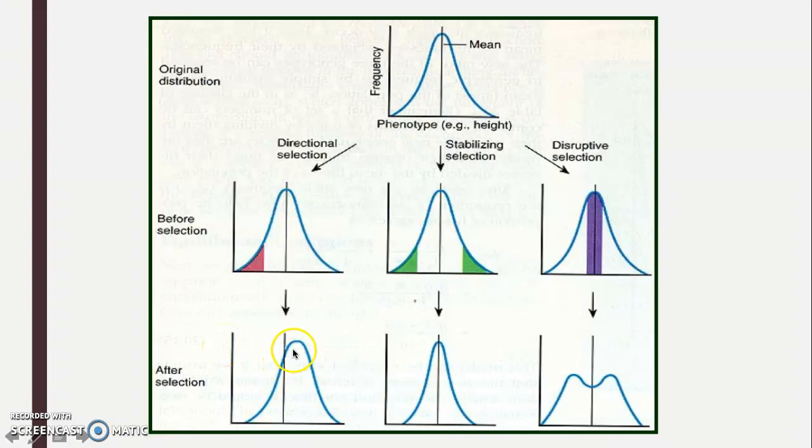So if we go back to the story of the moths, if we flip the situation, it could be directional selection in which the dark moths did not survive and the lighter moths did. And that would be the same type of directional selection. So just another example of it. The stabilizing selection, you'll notice that it's kind of getting narrower if we look at the graph. So we're choosing the average things. And disruptive, remember, the ones in the middle don't do so well. So then we get this kind of dip in the graph, with two peaks on the outer edges.